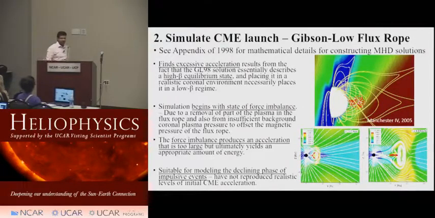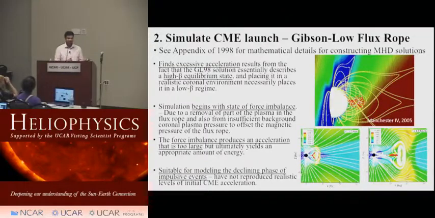So going into a bit more detail of the Gibson-Low, and using those equations in an MHD simulation, they try to get an idea of how well it works. And what some of the initial papers were showing was that they find that excessive acceleration results from this Gibson-Low solution.